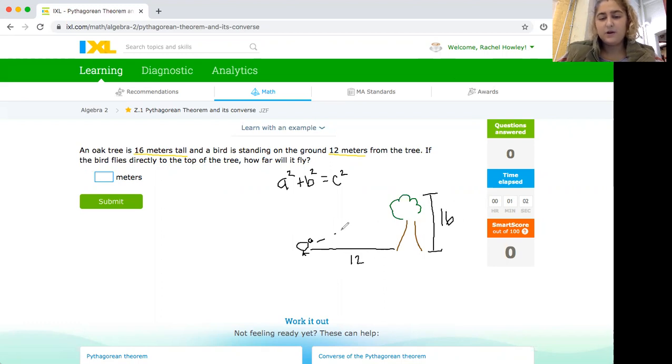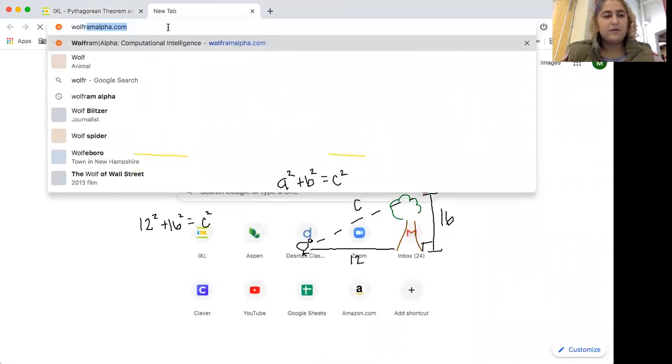And I need to figure out what this distance is. So we know that our hypotenuse always has to be c. So I end up with 12 squared plus 16 squared equals c squared. Okay? And so if you need to use a calculator, that is a-okay. Let's say that we go into Wolfram Alpha.